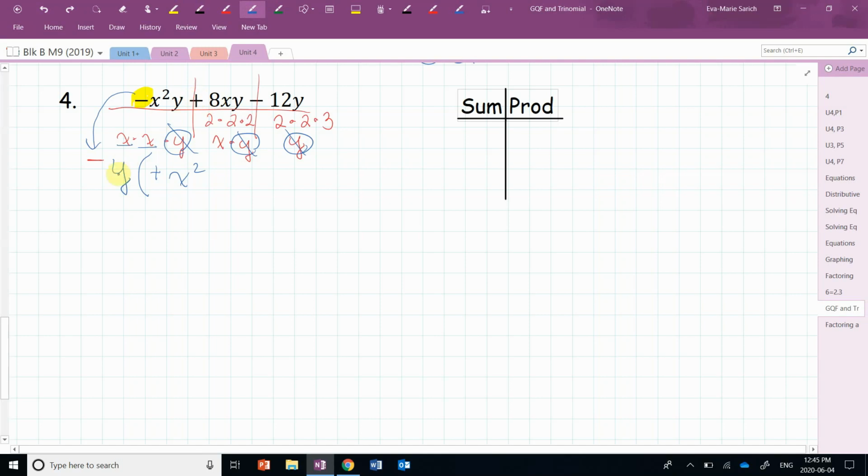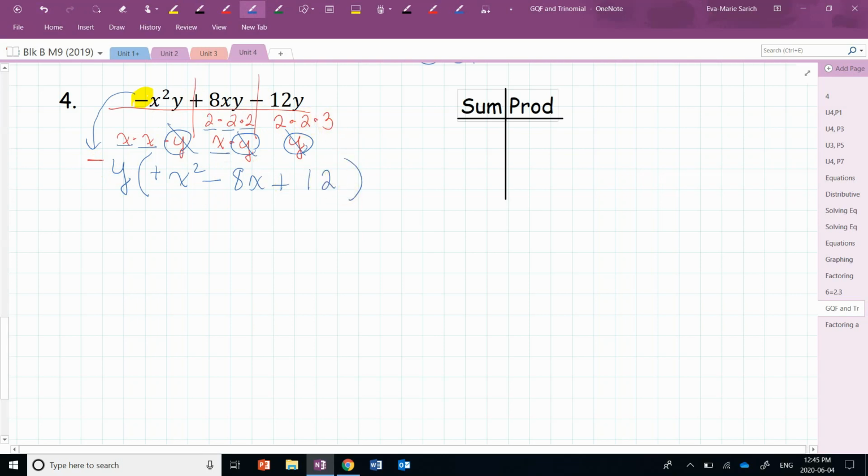And then what's left? 2 times 2 is 4 times 2 is 8 times x gives us 8x. And then a negative divides by a negative to give us a positive. And then what's left is 2 times 2, which is 4 times 3 is 12.